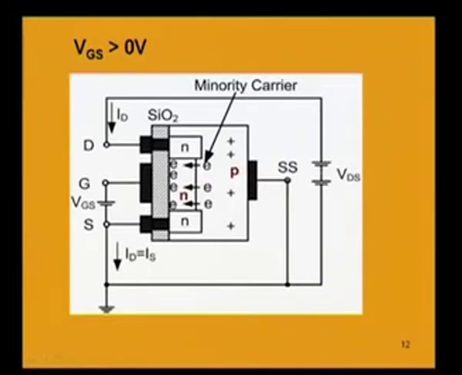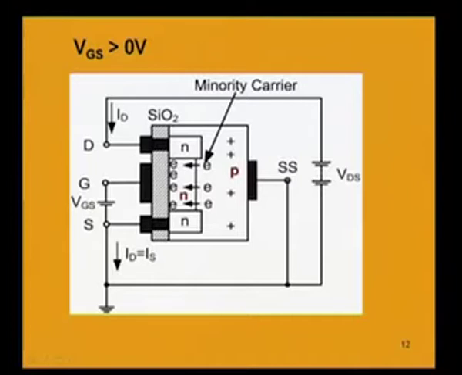So, apart from the electrons already present in the n channel, when we apply the gate to source voltage positive, the positive terminal will attract minority carriers, electrons, from the p substrate. That is why we now have extra electrons than what were originally present in the n channel. So, because of the increment in the free charge carriers, which are electrons, there will be an increment in the drain to source current.